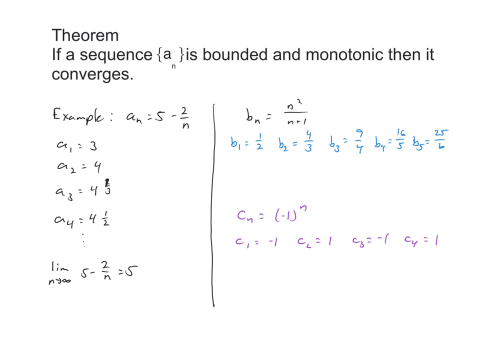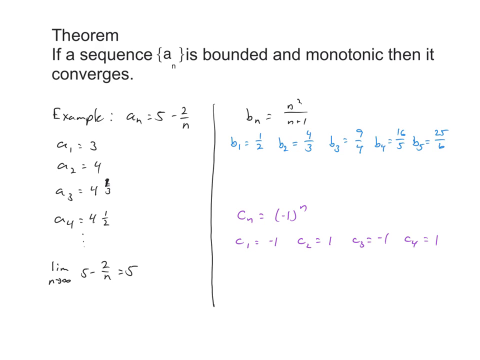Now let's take a look at a second sequence. b sub n is equal to n squared over n plus 1. I've listed off some terms for b sub 1, b sub 2, and so forth, which gives us an idea that this appears to be monotonic.